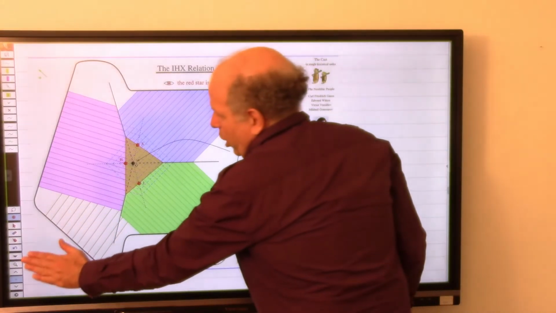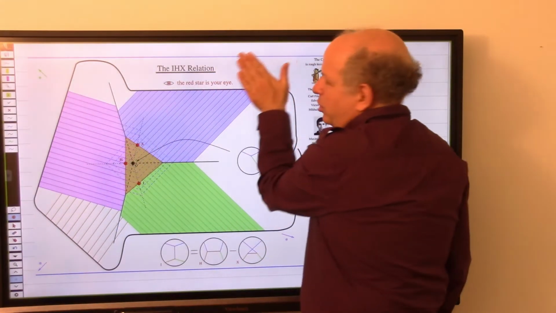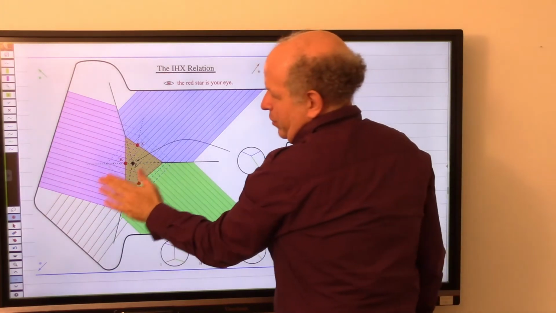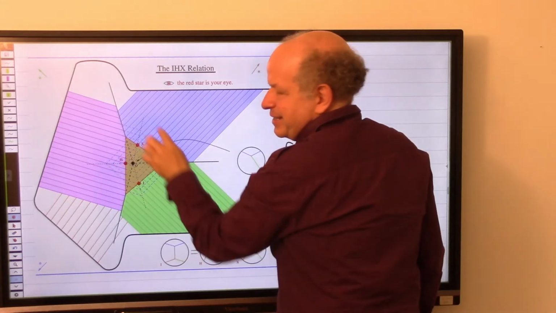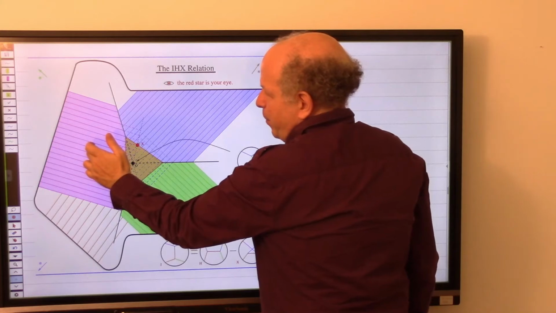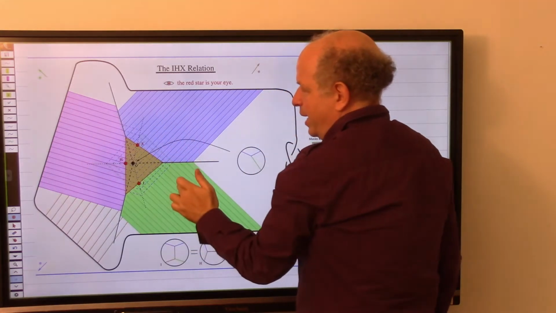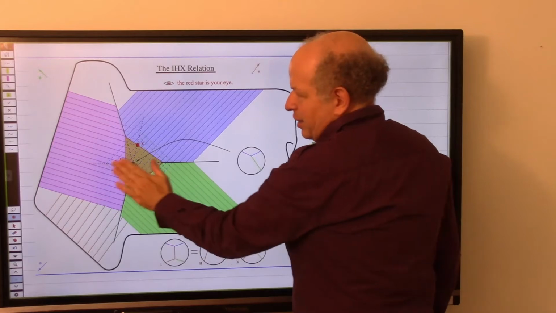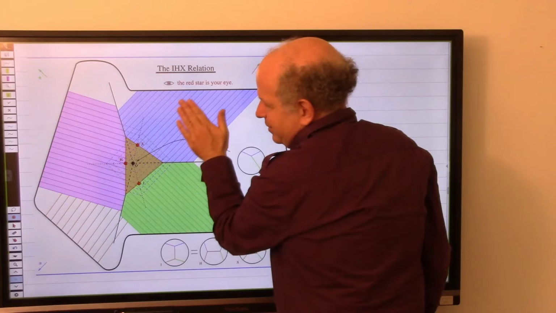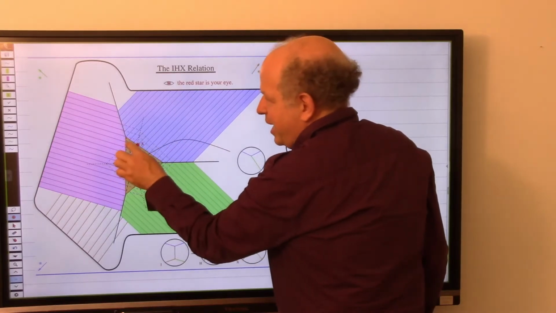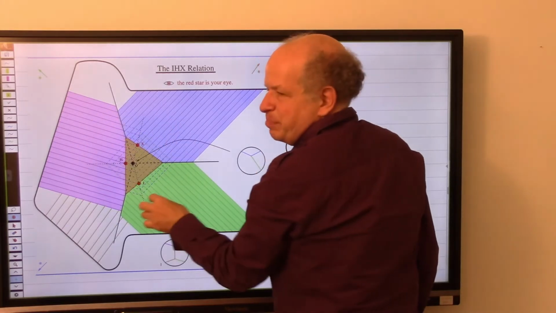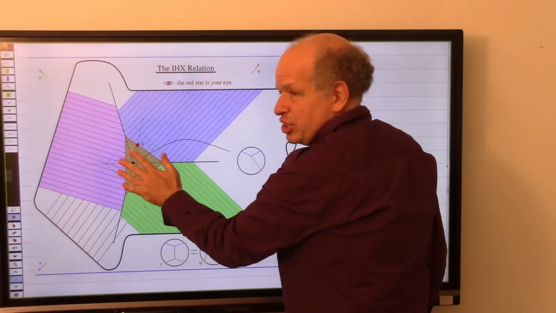So I get the orange plane pointing to the orange star, and the orange plane intersects the valley created by purple, blue, and green. And if it starts behind and intersects this way, you sort of see an orange triangle which is not hidden by these planes. Okay, do you see the picture?